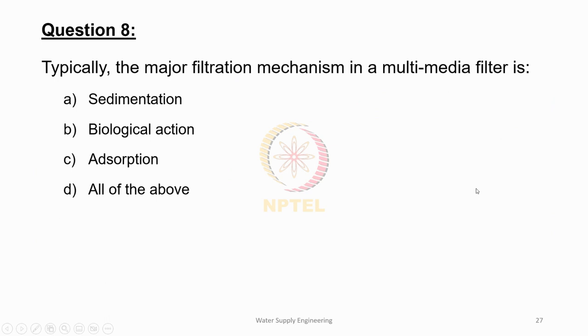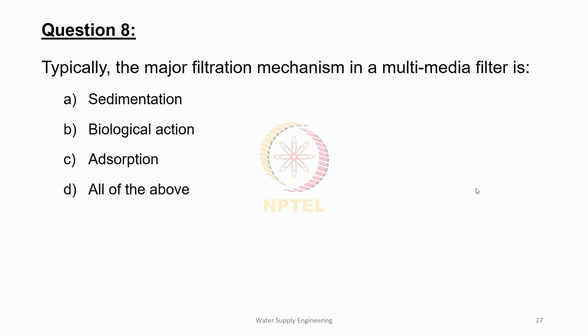Okay. So next question is question number 8. Typically, the major filtration mechanism in a multimedia filter is option A, sedimentation. Option B, biological action. Option C, adsorption.